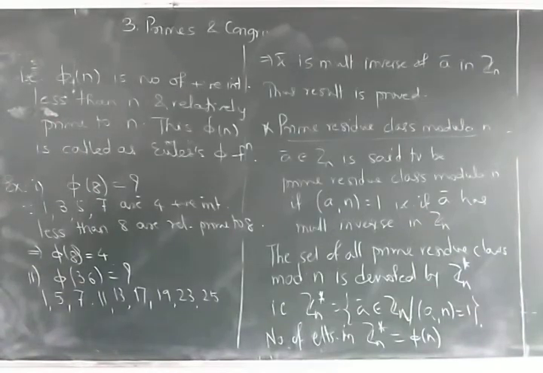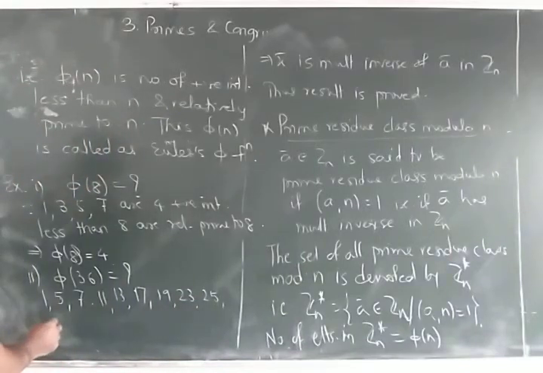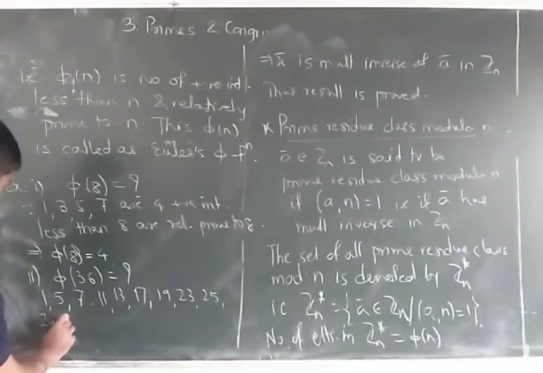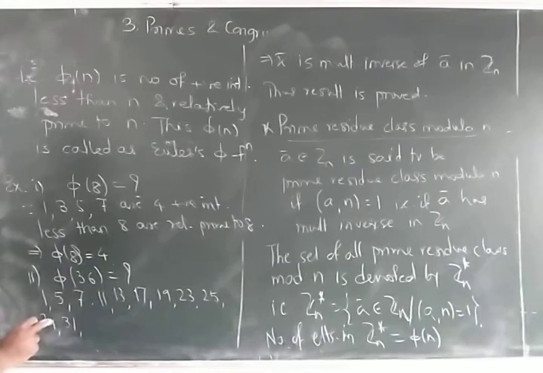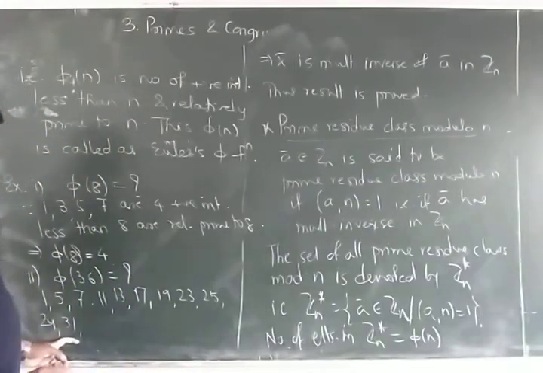What about 27? No, 3 divides both. Then 29, 31, 33 is not there, because 3 divides 33 and 36 both.